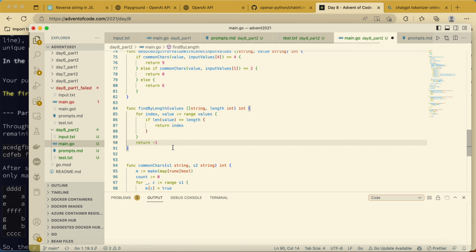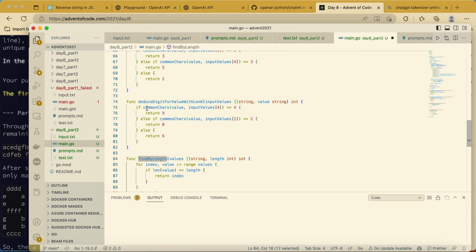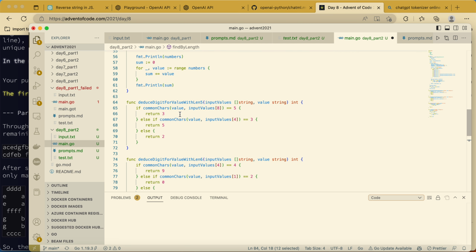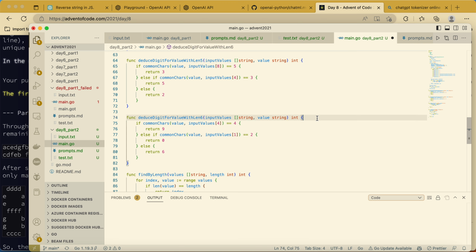I want to return the index of the element that has the length that I expect.